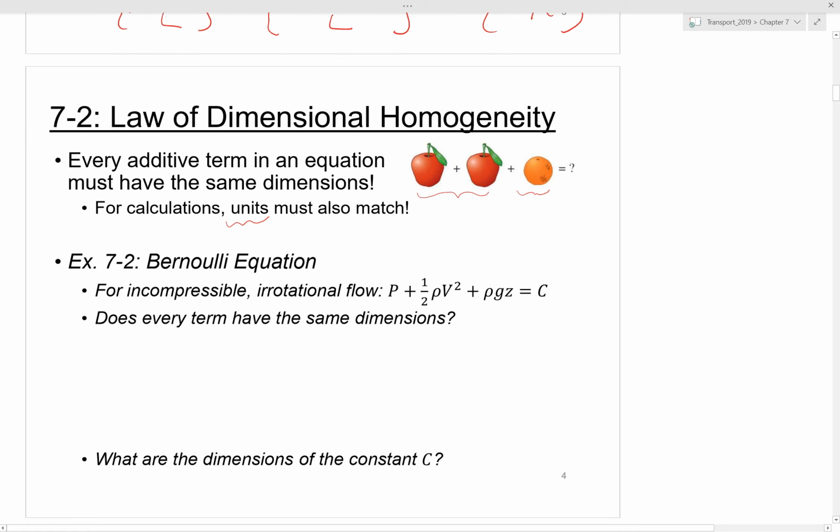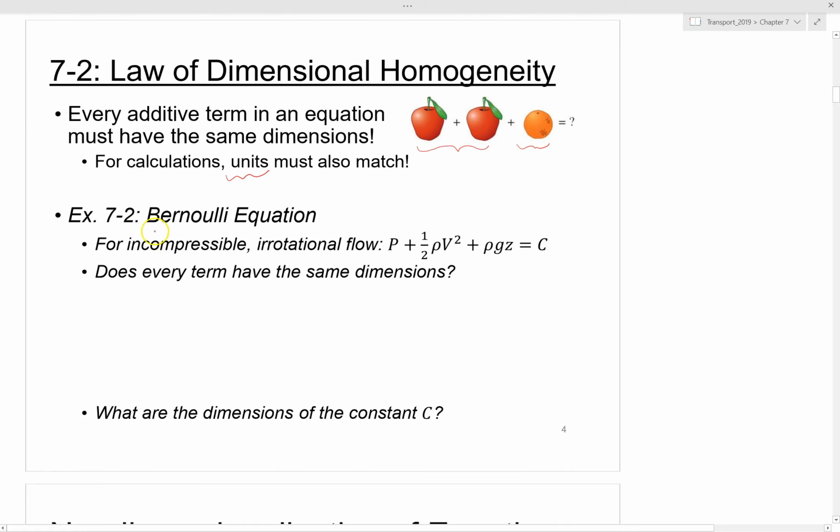Okay, so best example we have seen is the Bernoulli's equation for incompressible irrotational flow. This is the energy equation, and so does each term have the same dimensions, right? That's what we will see.